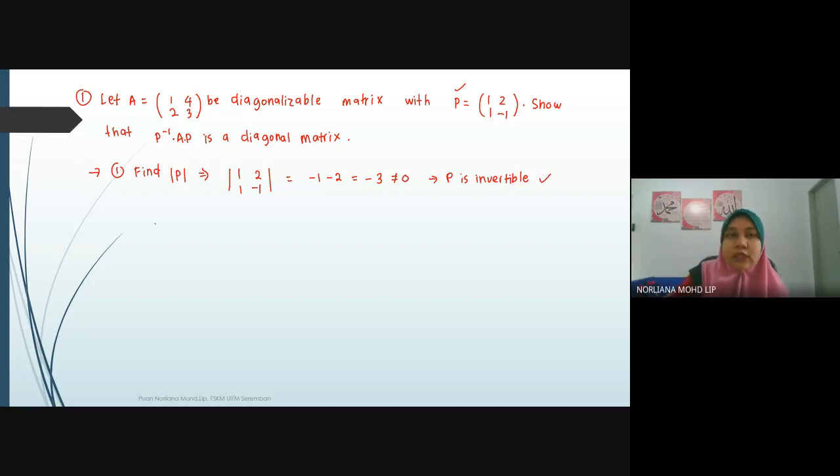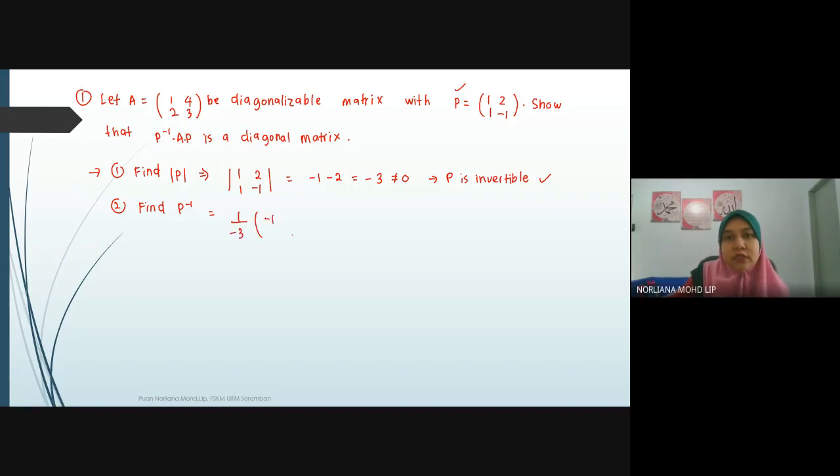Invertible, so we can find the second one, the P inverse. P inverse equals 1 over the determinant, using the formula to find the inverse of a matrix.